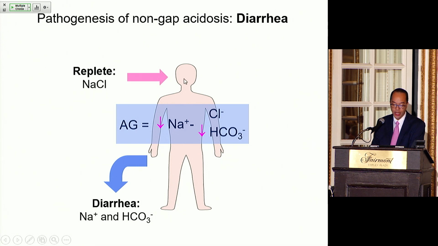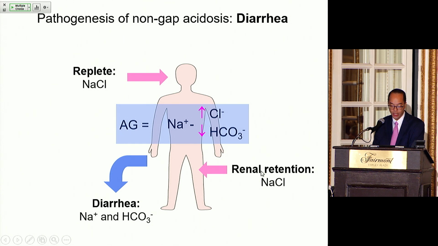In addition to that, we often replete these patients with saline. So assuming we're not repleting the bicarb, and the kidney is attempting to retain sodium and chloride, the sodium and the chloride might come up. But regardless, the anion gap doesn't change.